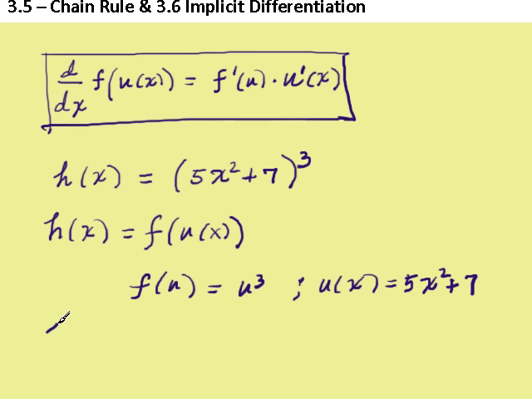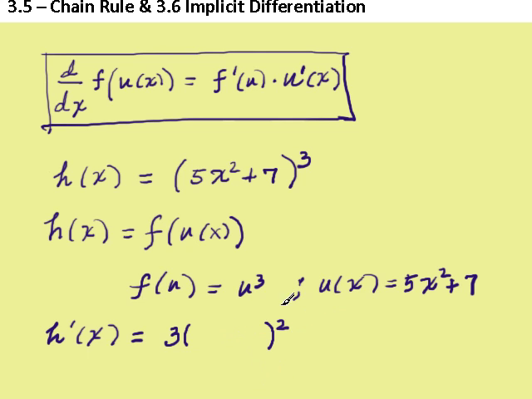So h prime of x is equal to, okay, now the derivative of u cubed, we would just bring down the 3. But we're not going to write the u, we're just going to write a set of blank parentheses. Bring down the 3, just do the power rule, and subtract 1 from the exponent.